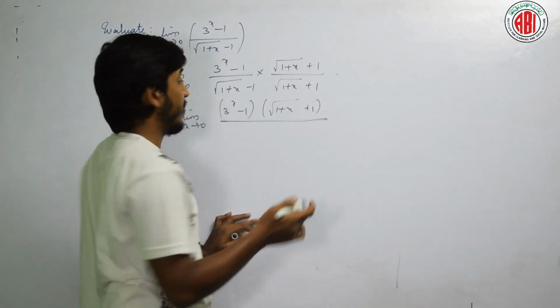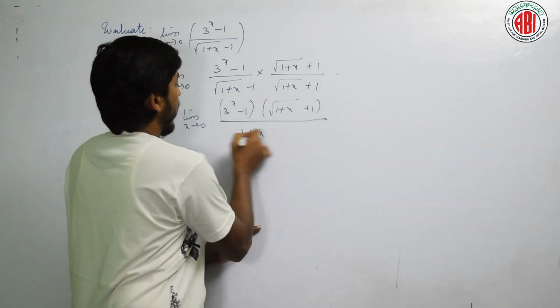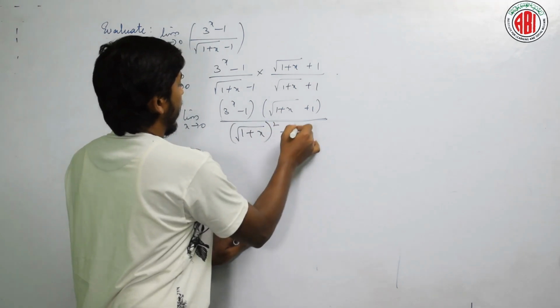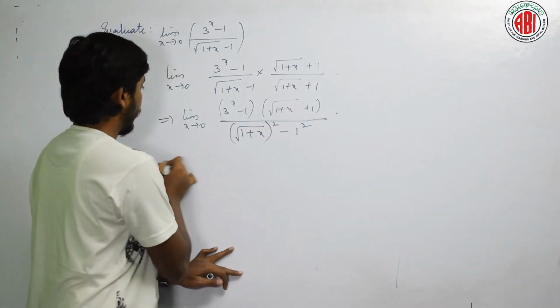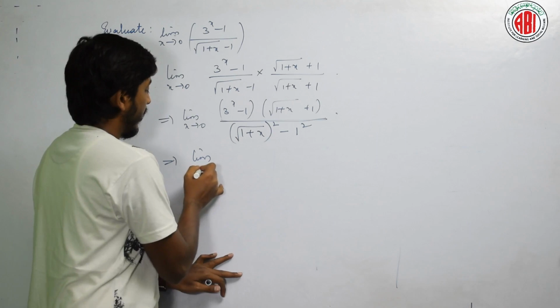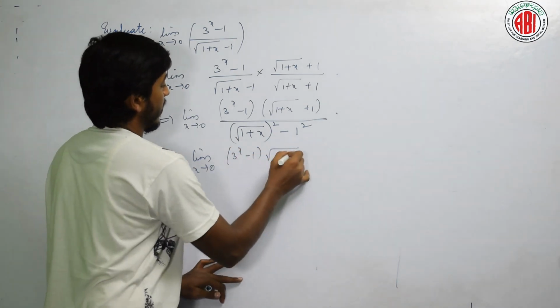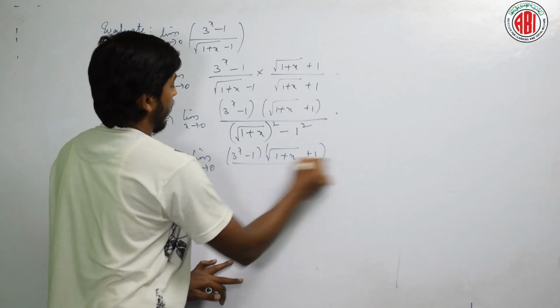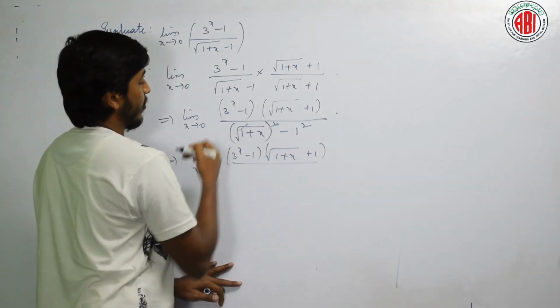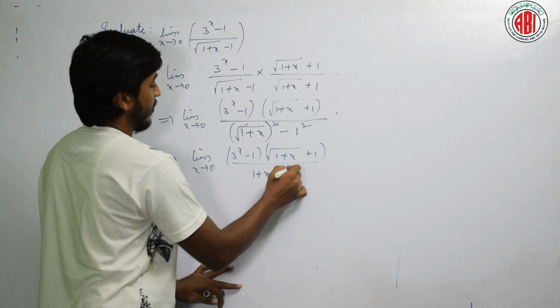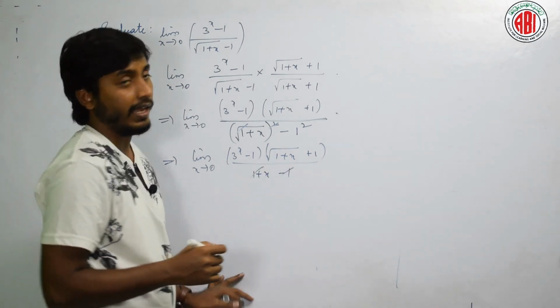A plus b into a minus b is a square minus b square. That will be limit x tends to 0 (3 power x minus 1) into (under root 1 plus x plus 1) divided by (1 plus x) minus 1. The 1 will get cancelled.